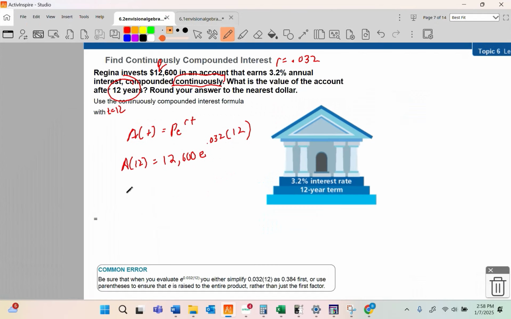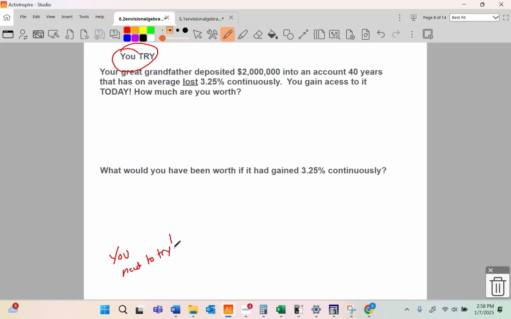The last 2 things in here are for you to try, and you need to be trying. I'm pretty sure if I put my phone in scientific notation, that it has it.